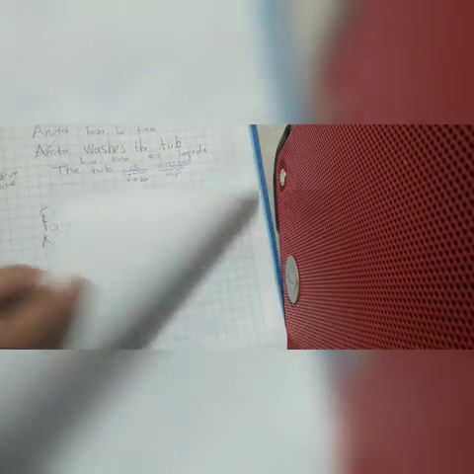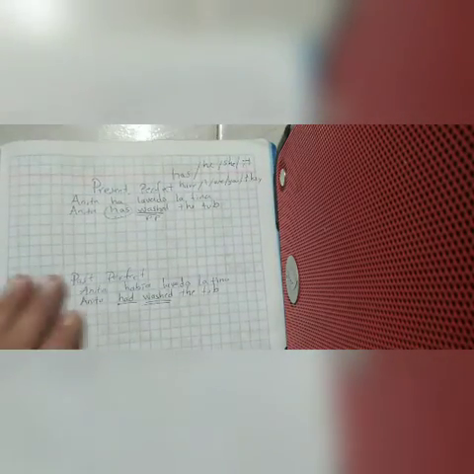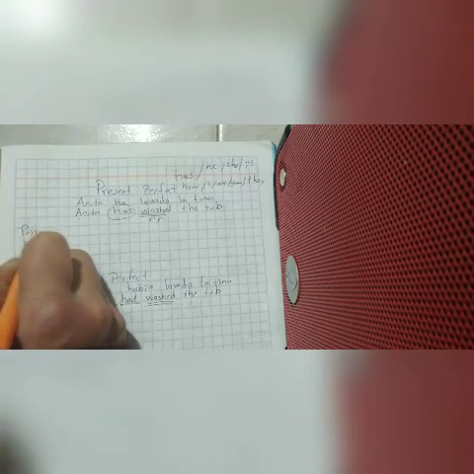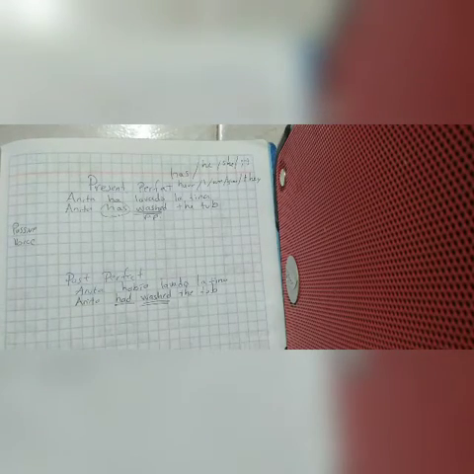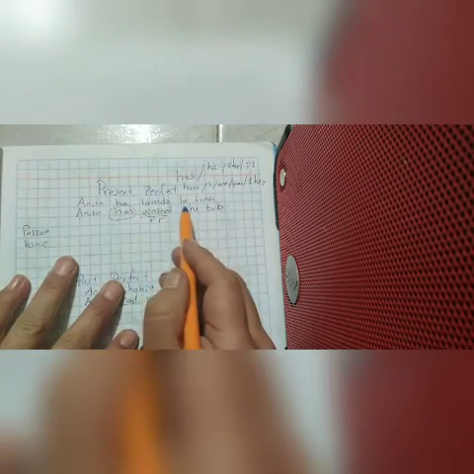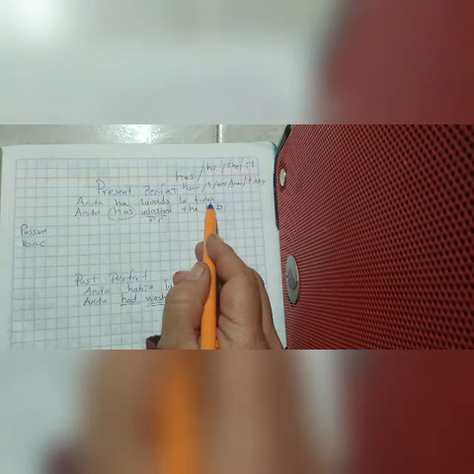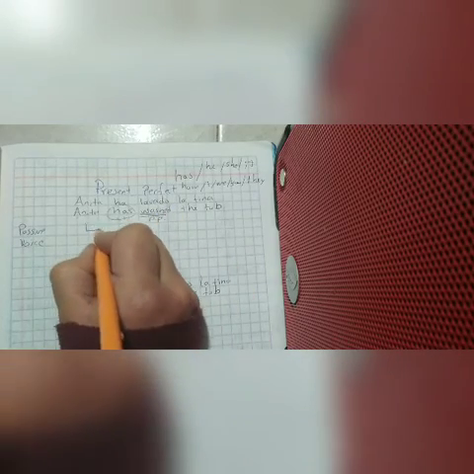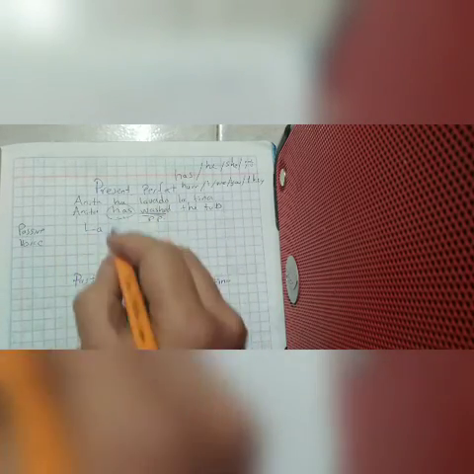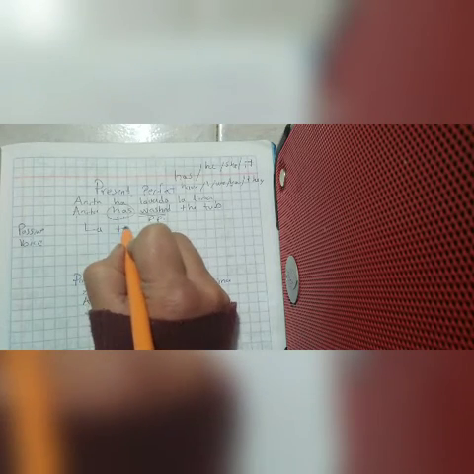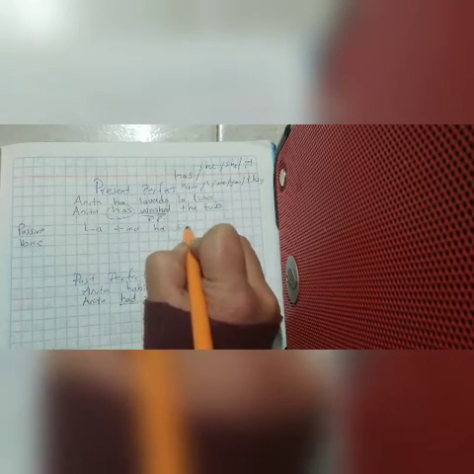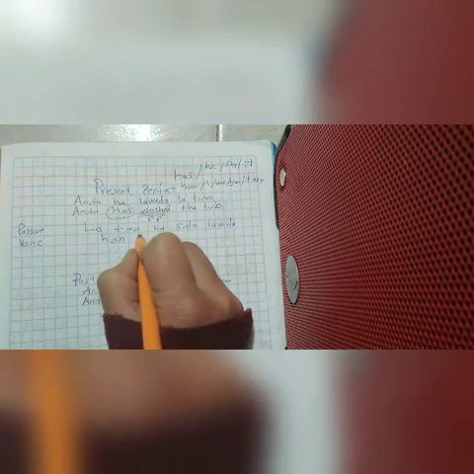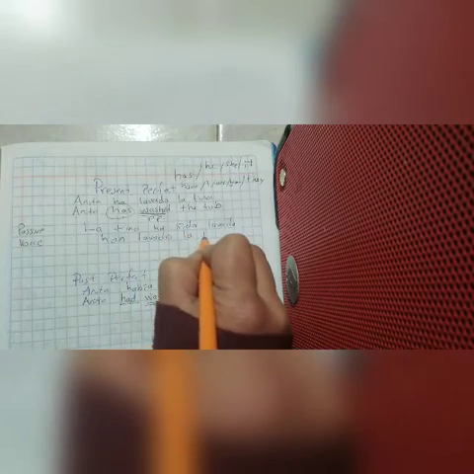What is gonna change in present perfect? In passive voice, remember, we don't mention the doer, we don't mention who makes the action. So we're gonna say la tina ha sido lavada o han lavado la tina.